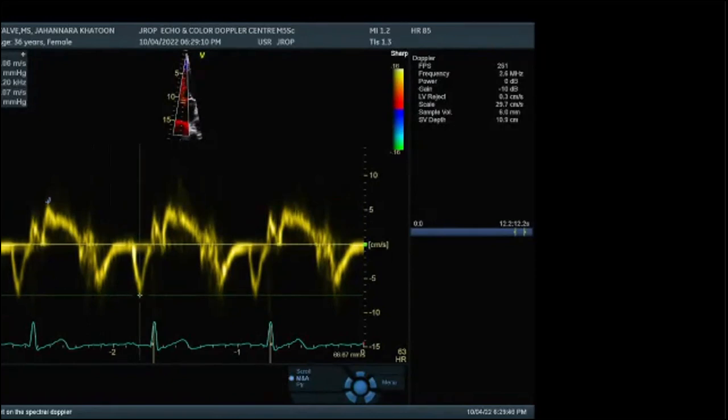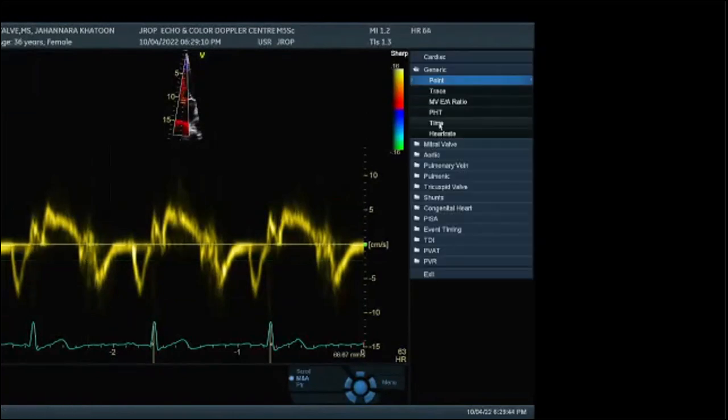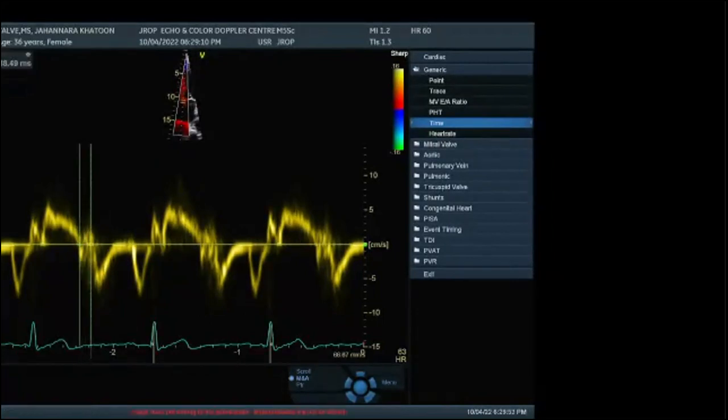The most important part of this phenomenon is that you can measure your time of IVRT. What is IVRT? From closure of the aortic valve to opening of the mitral valve is 114 milliseconds.